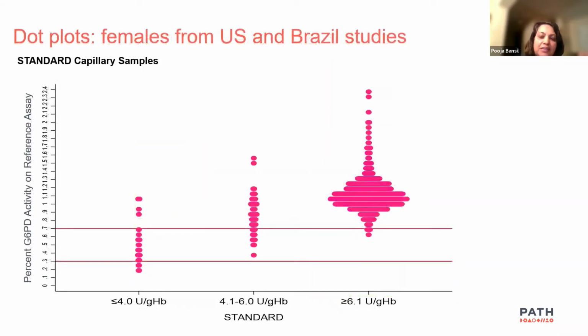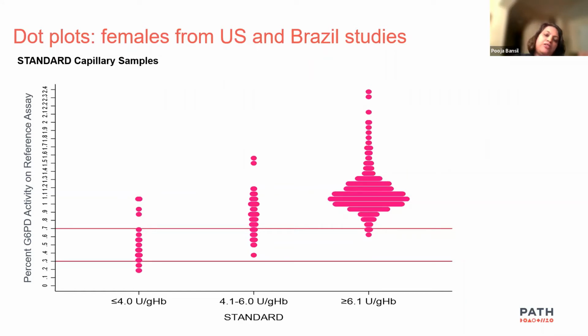The figure on this slide is a dot plot for capillary samples for females from the US and Brazil studies. Again, the point scientific reference percent G6PD activity is on the y-axis, and the standard semi-quantitative classifications, deficient, intermediate, and normal categories for females, is on the x-axis.